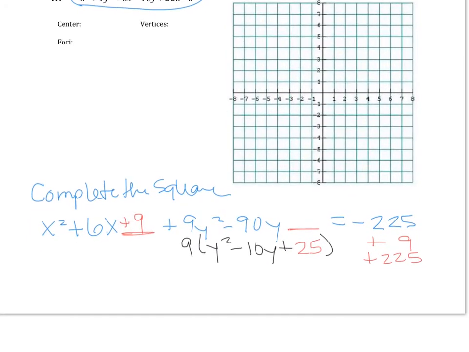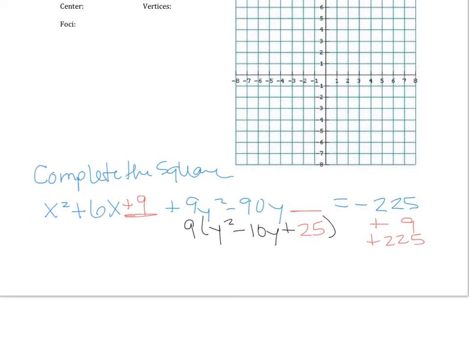Bring this down a little bit. Okay, so when I rewrite my equation, I'll have x plus 3 squared plus 9 times y minus 5 squared equals, those two 25s are going to cancel, so equals 9. Okay, but this still isn't a form that we can graph, right?